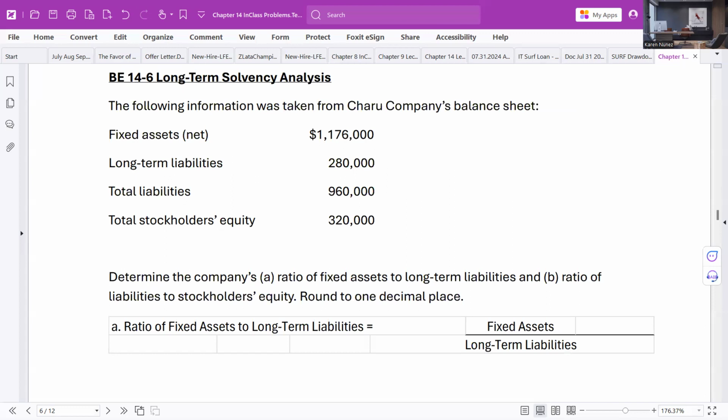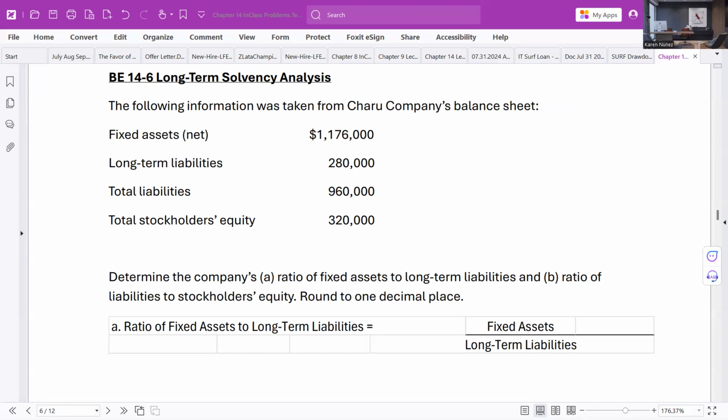There are two measures we look at in this chapter that relate to solvency: the ratio of fixed assets to long-term liabilities and the ratio of liabilities to stockholders' equity. All we're doing here is putting the fixed assets over the long-term liabilities to see that ratio.